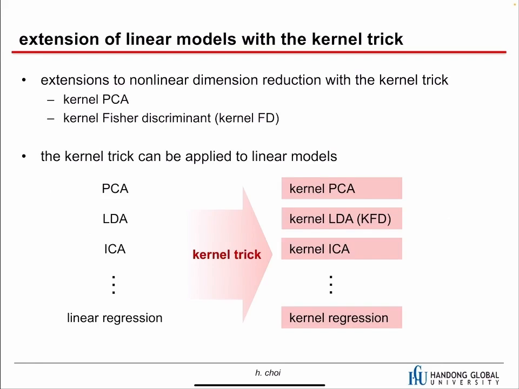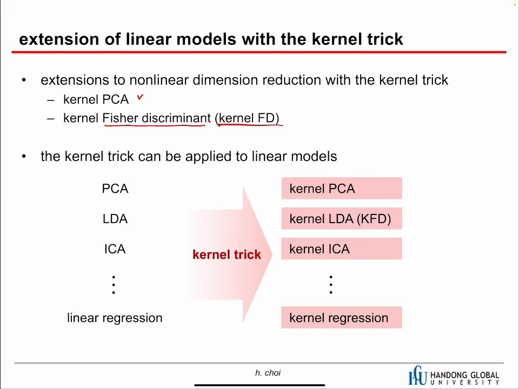And we're going to extend all these linear methods with the kernel trick. As I said in the outline, we have extensions to nonlinear dimension reduction with the kernel trick. We can think of kernel PCA, and given the Fisher discriminant, we can think of kernel Fisher discriminant, kernel FD.